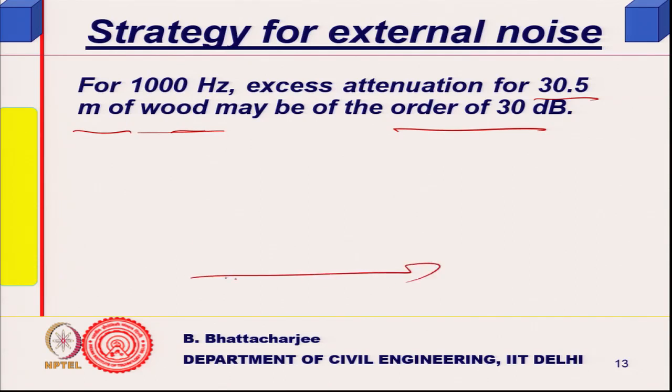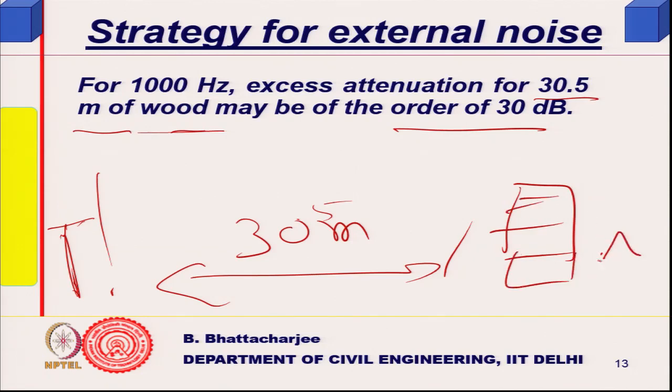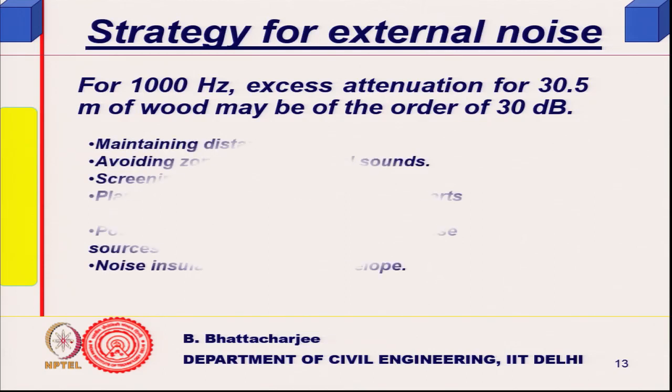So here you have provided about 30 meters of width, with your traffic source on one side and your residences, buildings, and so on on the other. You will get it provided it is a dense forest. Otherwise, 30 dB you won't get. This is approximate; other books will give you other values.